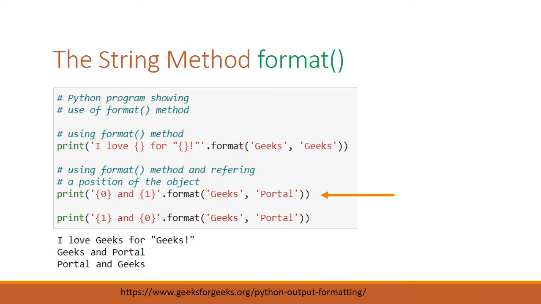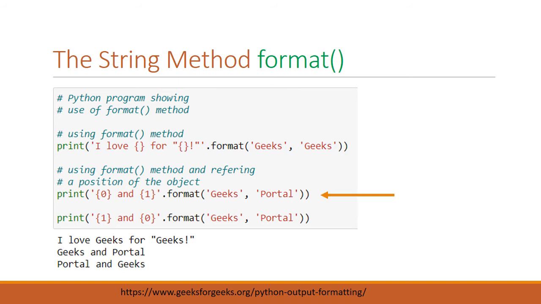The second print statement shows how you can use positional values within the curly brackets. In this second print statement, we have the string constant with a 0 surrounded by curly brackets and a 1 surrounded by curly brackets.